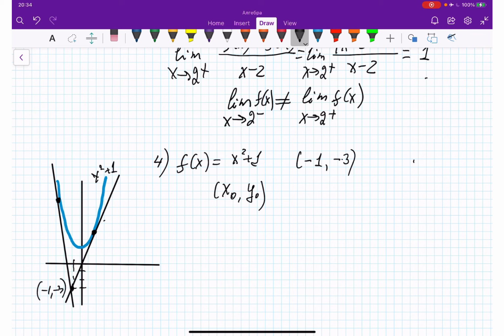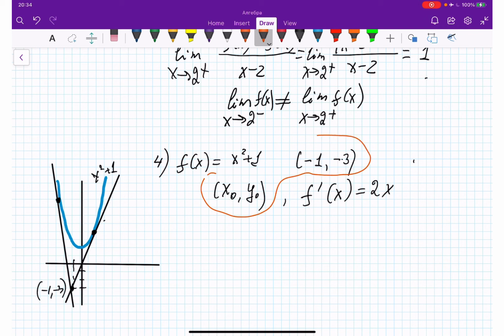And by the limit definition of the derivative, f prime of x is going to be equal to 2x, right? So the slope of the line that goes through the point (-1, -3) and (x0, y0), these are going to be our two points.